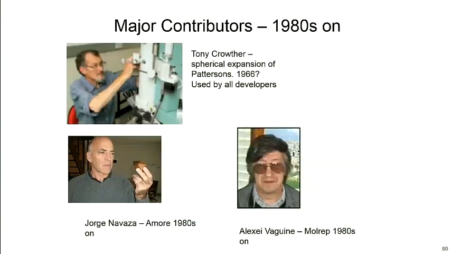Then, over the years, of course, many people have made major contributions to pushing things forward. Tony Crowther was the person who first introduced spherical harmonics and changed the rotation function from something that took forever to something which was doable in real time. Jorge Navaza, I think, changed the whole way we looked at molecular placement and probably introduced the first pipeline for solving structures.